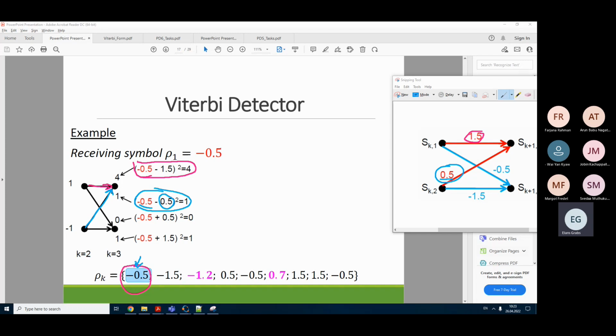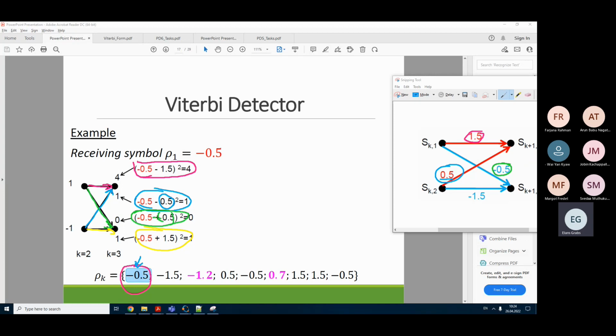Next transition, we calculate the next metric, and with this minus 0.5 value, that gives us plus. And we calculate this metric. And the last transition, here we calculate this metric.